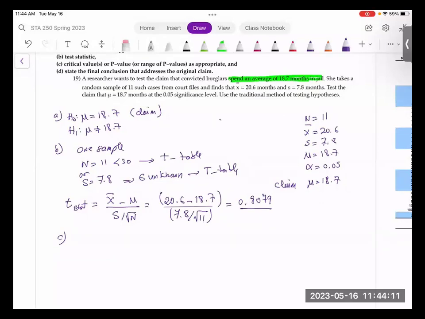Okay, so if I'm using the critical values right now, I need to calculate the T critical, right? And in order to do this, you need to graph it. It's easier if you graph it.